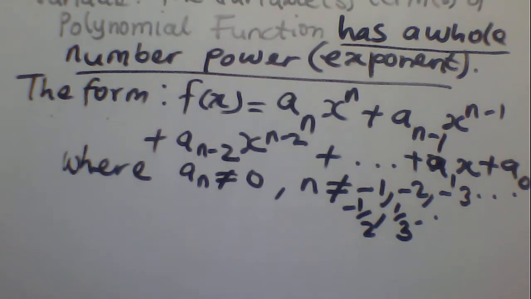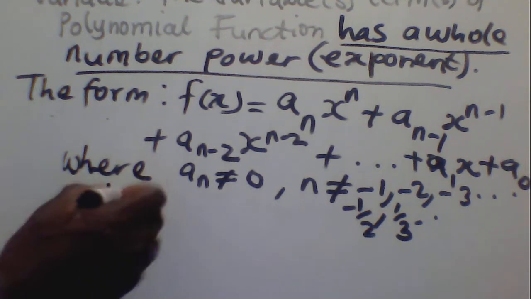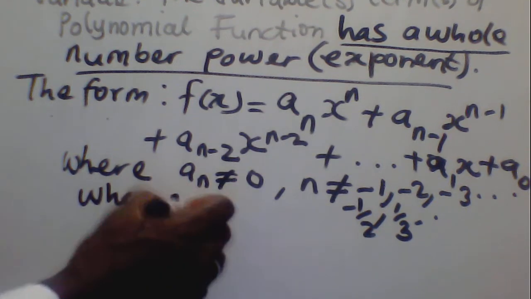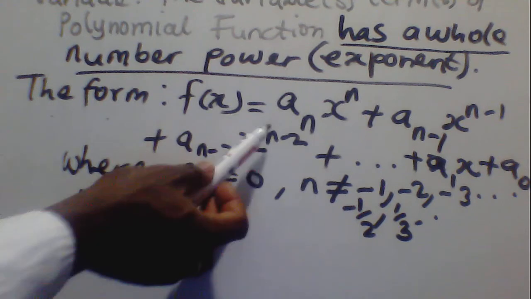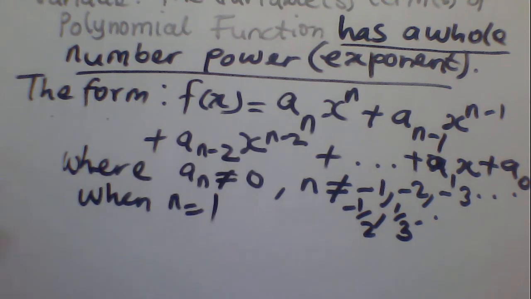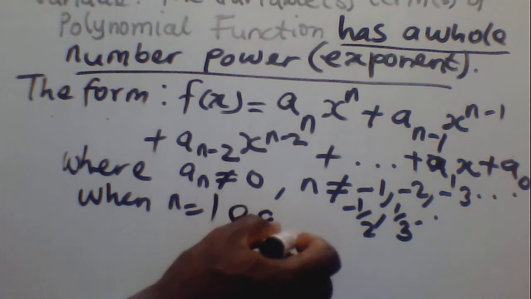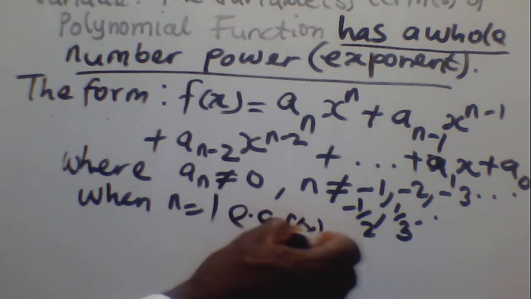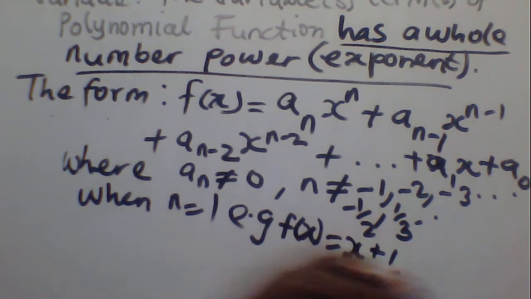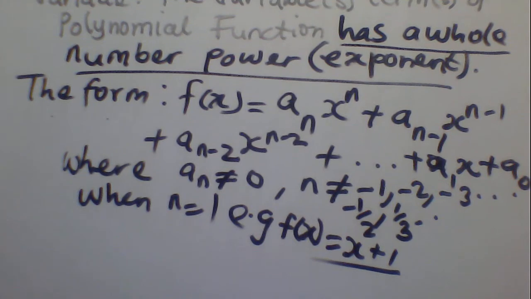So there are different types of polynomial we have. When n is equal to 1, we say it is a linear function, a polynomial of a linear function. For example, if f of x is equal to x plus 1, this is a linear function.